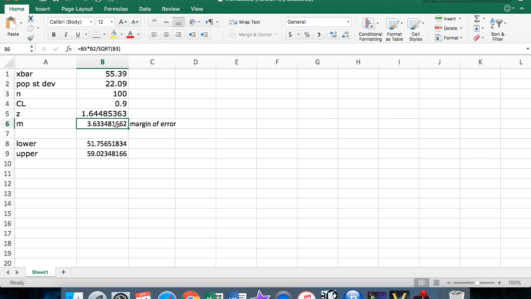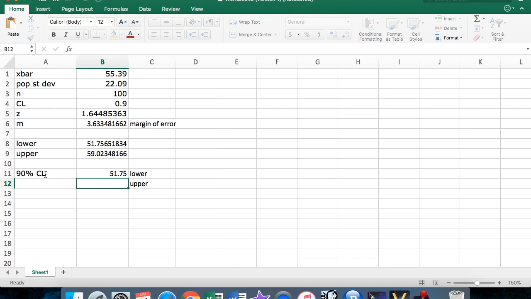Okay, so look at this, right? So with a 90% CL, the confidence level, my lower is 51.75 approximately, and my upper is 59.02.